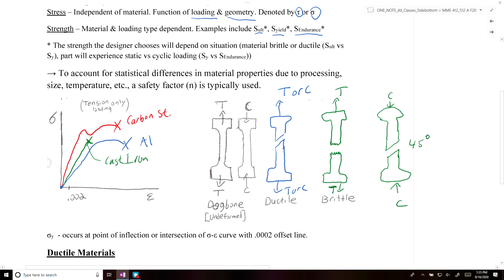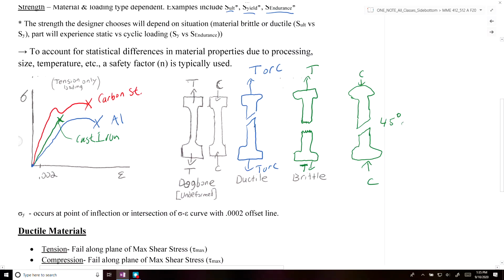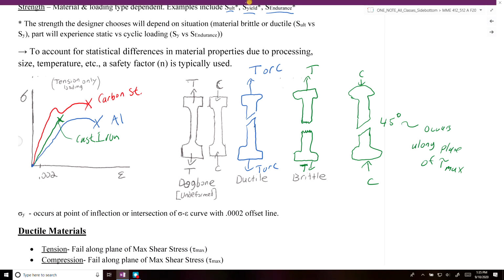That 45-degree angle is along the plane of maximum shear stress, and this is true for the ductile material as well.